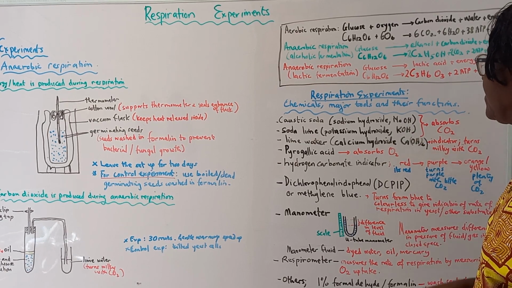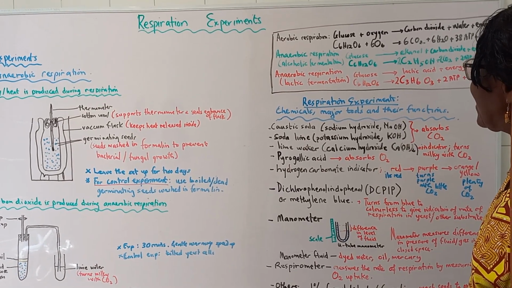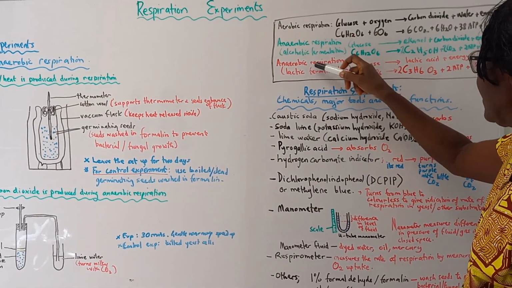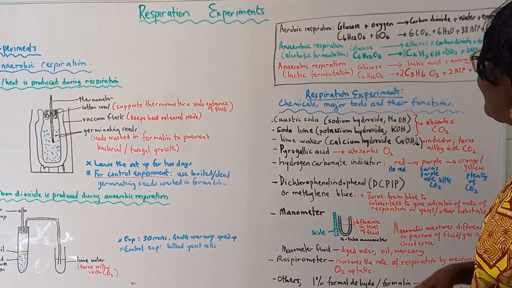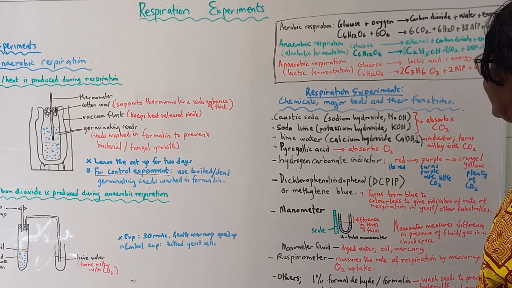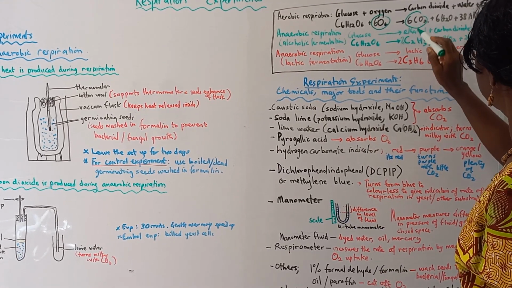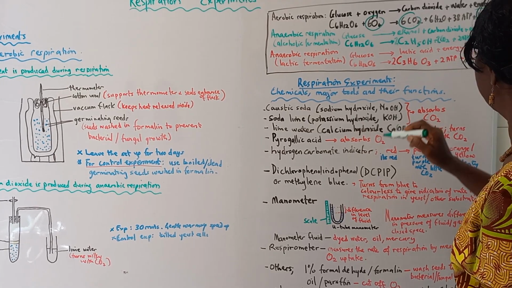Now, in today's work, we want to look at the experiments that prove that respiration has taken place. The factors that can be tested are oxygen absorbed, carbon dioxide evolved, and heat evolved.